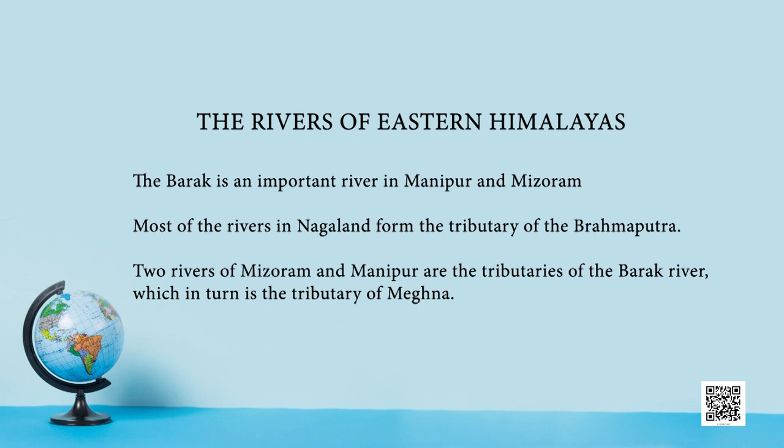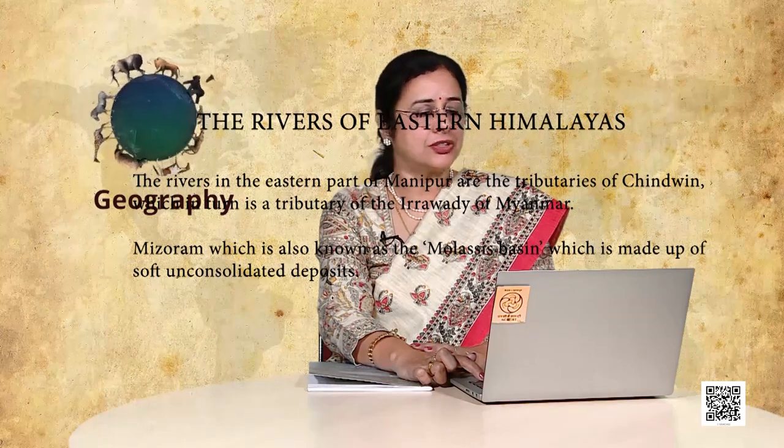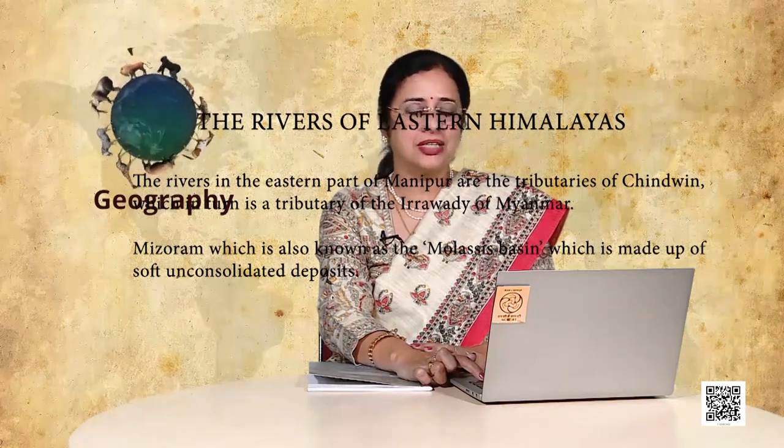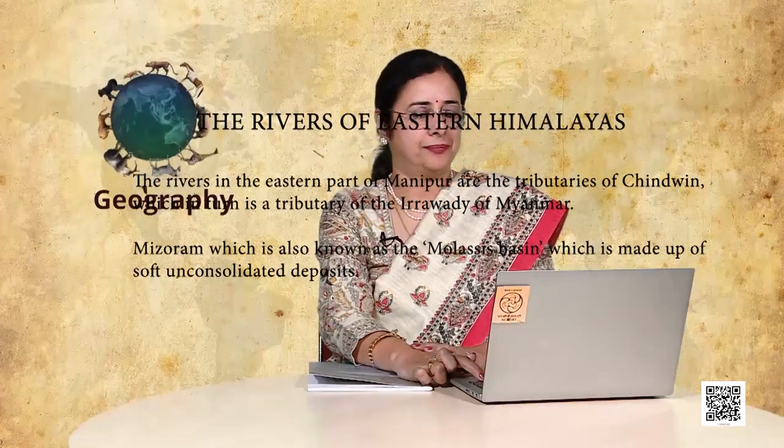Two rivers of Mizoram and Manipur are the tributaries of Barak river, which in turn is a tributary of river Meghna. The rivers in the eastern part of Manipur are the tributaries of Chindwin, which in turn is a tributary of Irrawaddy, which is a river in Myanmar.